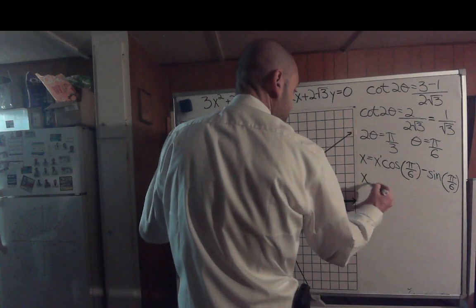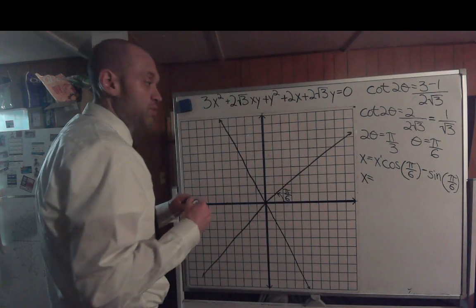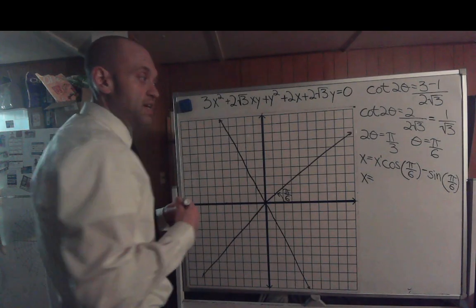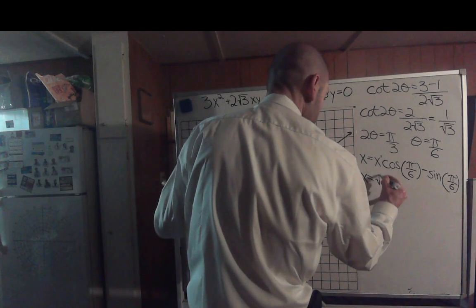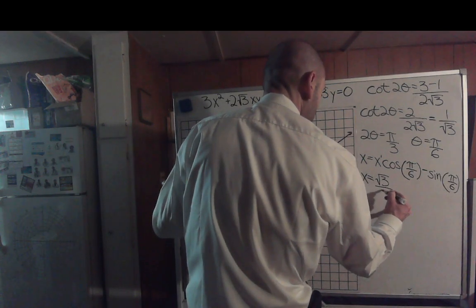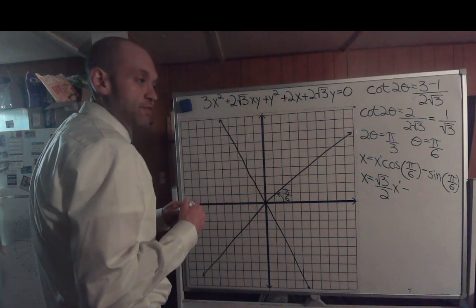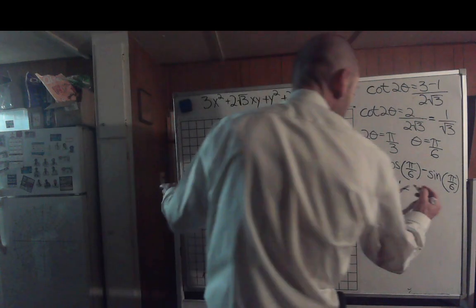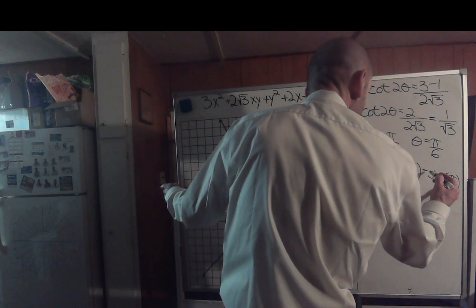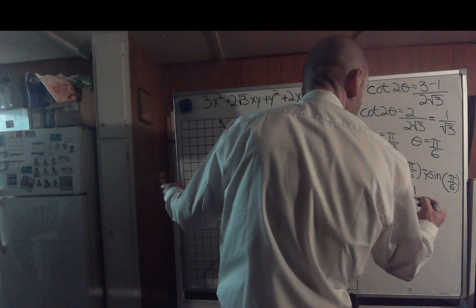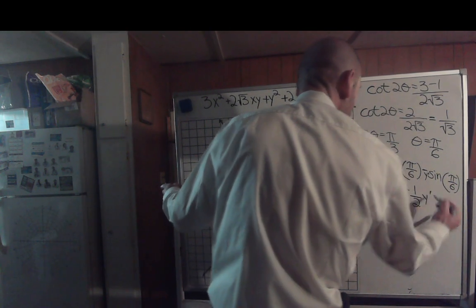Which means x is going to equal what? Well, the cosine of pi over 6, the cosine of 30, is the square root of 3 over 2. So you'll have the square root of 3 over 2 times x prime minus, now what's the sine of pi over 6, or the sine of 30? It's 1/2, so this would be minus 1/2 y prime.